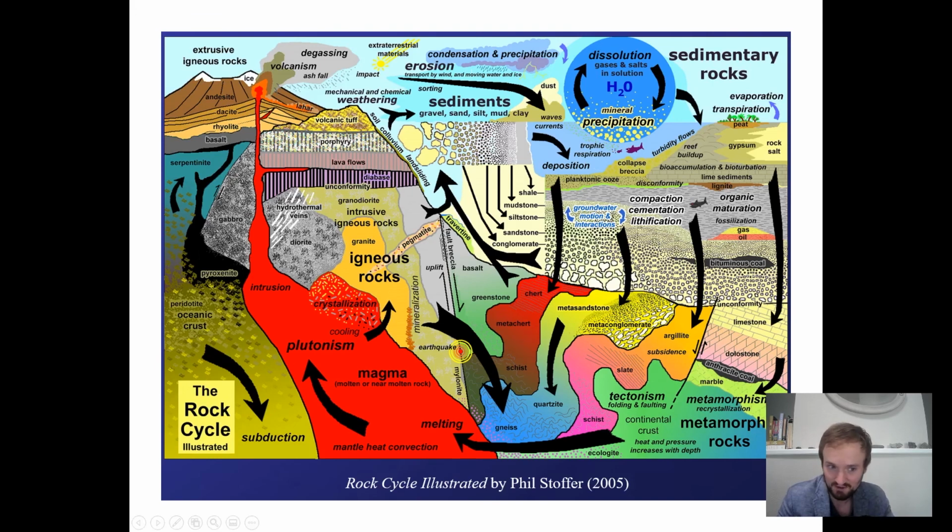And looking at all these things that occur today, we can see this occurring today, and then look at it in rocks from the past, and start to kind of piece our planet together. So these we're going to consider the building blocks to this class, right? We're going to find that all these things we're learning about and look at occur today, but they've also occurred in the past, and we're going to use them to try to tease out how the Earth kind of came to be in its current state.